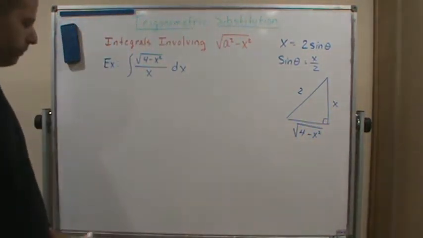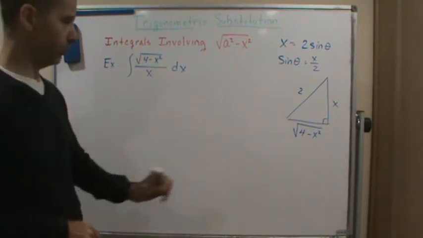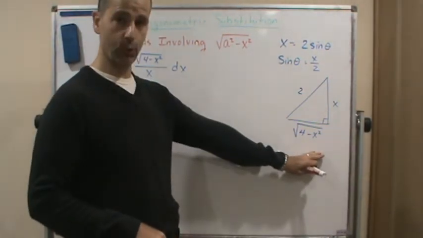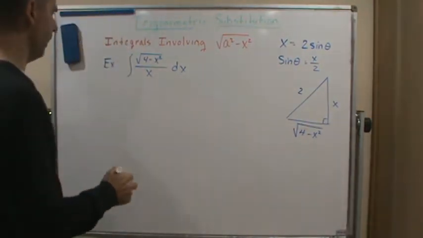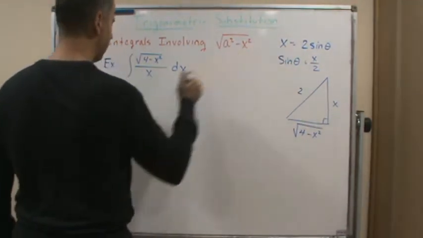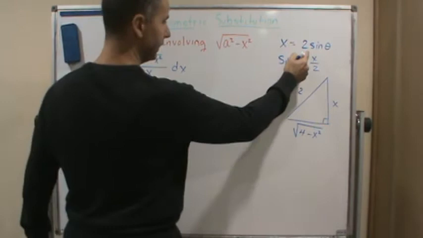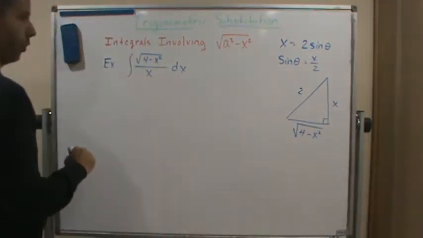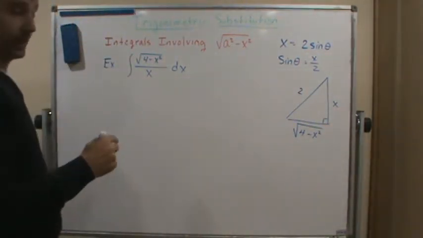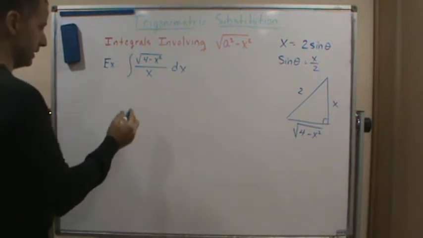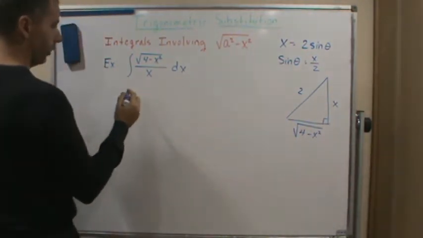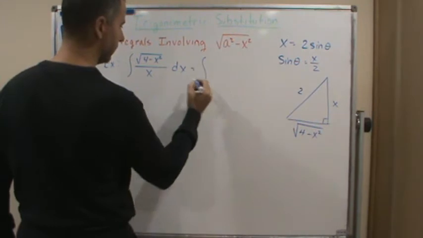Okay, so now let's do our substitution, and then we're going to come back to this triangle at the end. So x equals this, and then of course dx equals 2 cosine theta d theta. Okay, so let's write this.